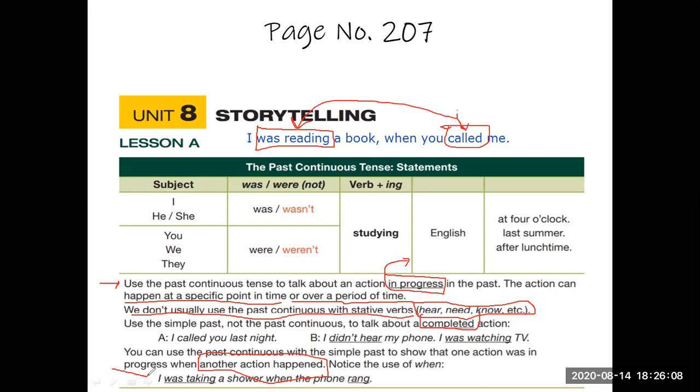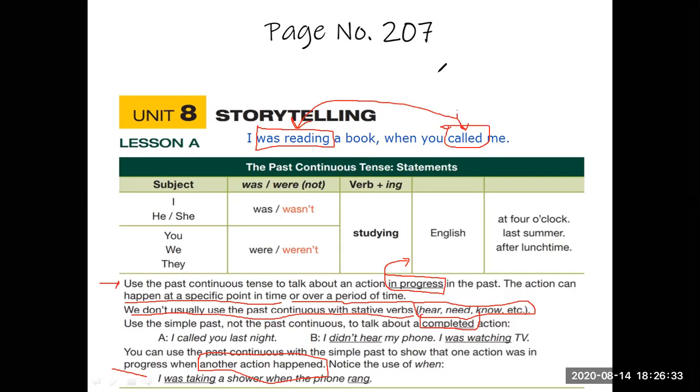When the phone rang, that is the action that happened suddenly. So the action that interrupts the other action should always be in simple past. The action in progress should be in past continuous. So this is very simple.